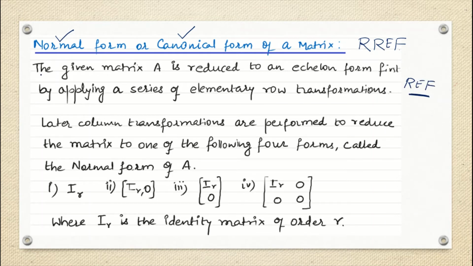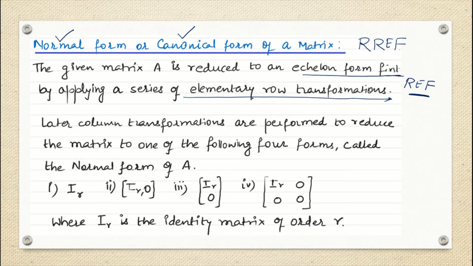So the given matrix A is first reduced to an echelon form by applying a series of elementary row transformations. Yes, in the previous class we have seen what elementary row operations or transformations are, and what elementary column transformations are.